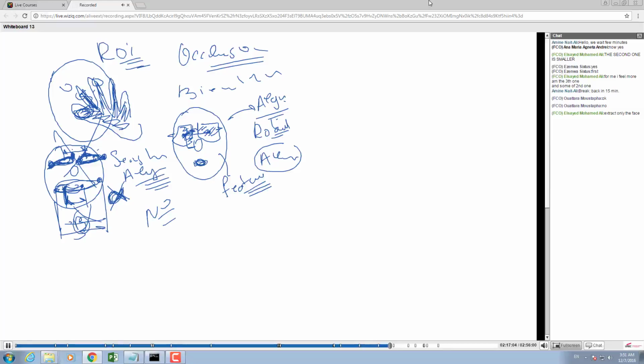Imagine this person is smiling, and when you extract features, you will get this value beta. Alpha is different than beta. So does it mean that we have two different persons?